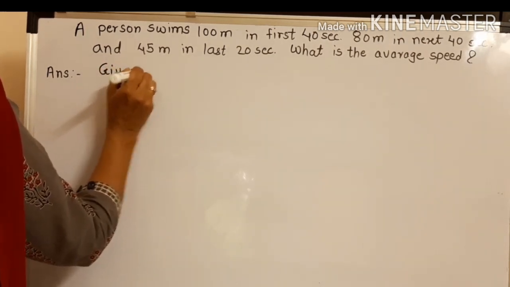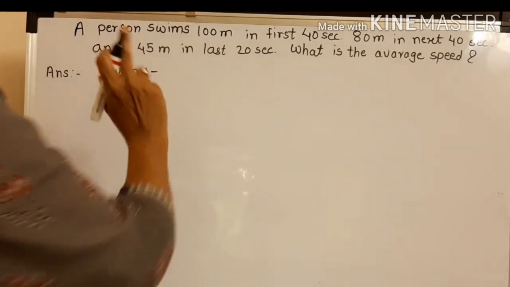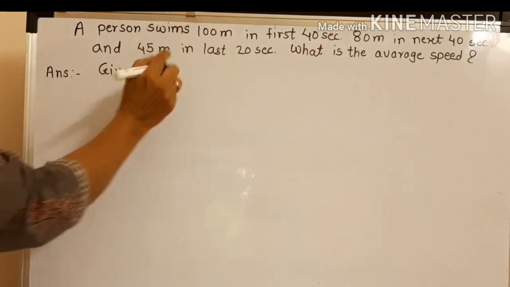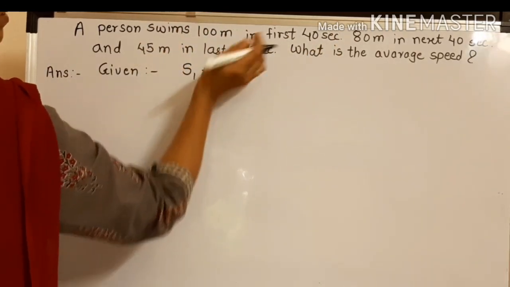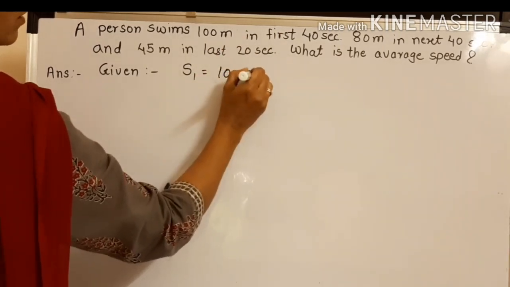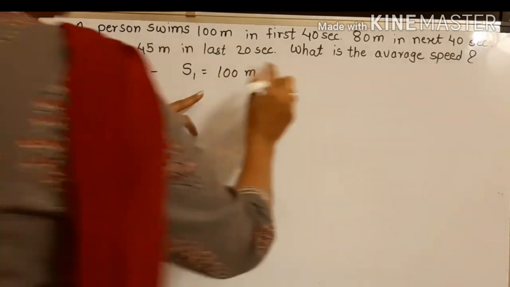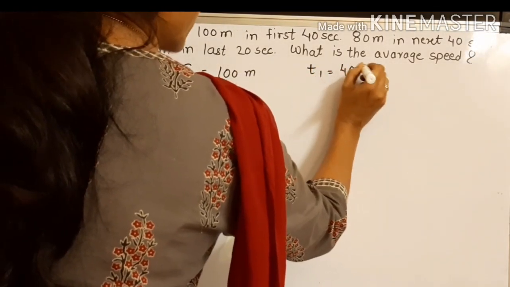Now the different distances are given. First displacement we consider S1, second S2, and last one is S3. So the first distance S1 is equal to 100 meters. For that 100 meters, time required T1 is equal to 40 seconds.